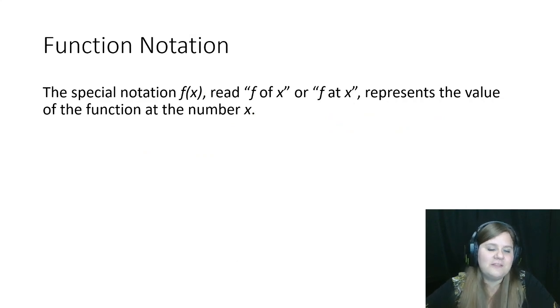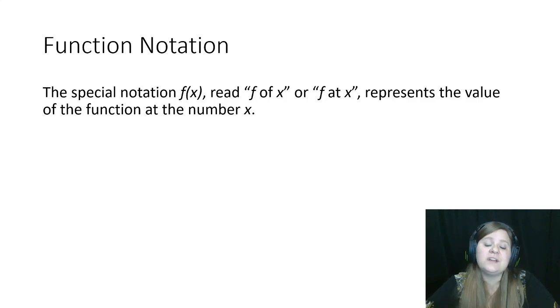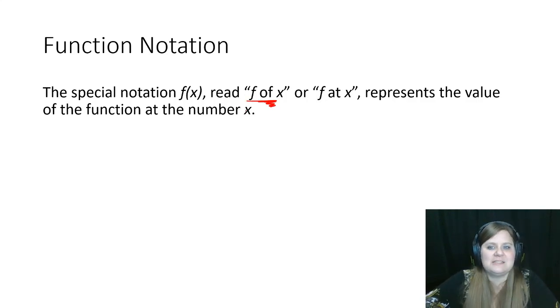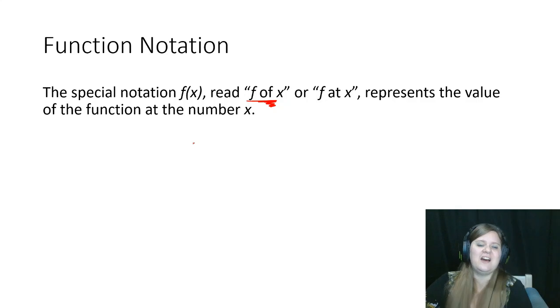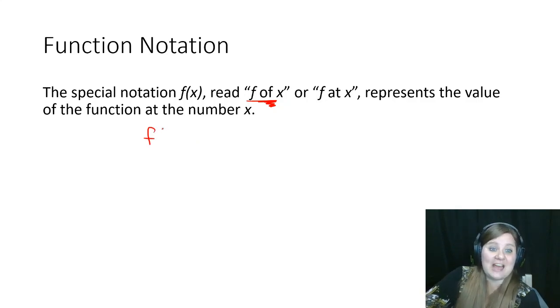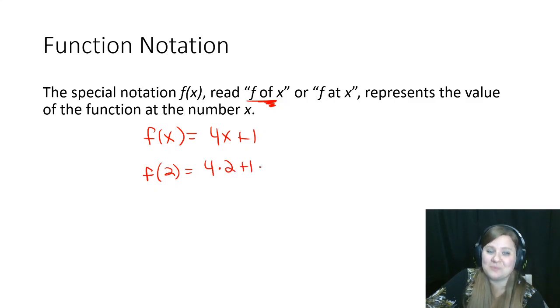So, function notation, f of x, or you could say f at x, but I'll generally be saying f of x, represents the value of the function at the number x. So if f of x is 4x plus 1, then f of 2 is 4 times 2 plus 1, which is 8 plus 1, which is 9.